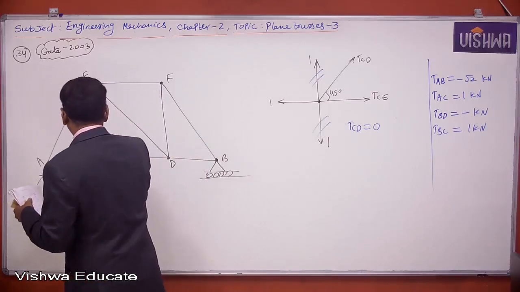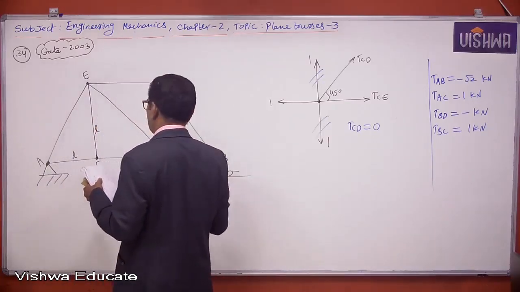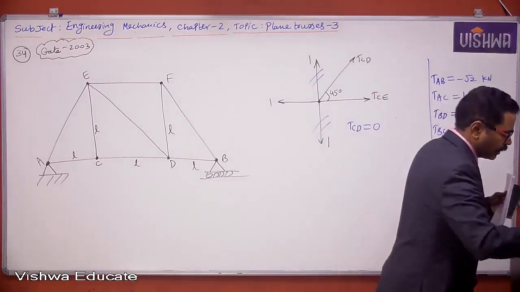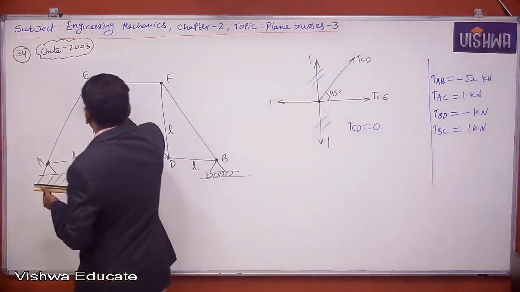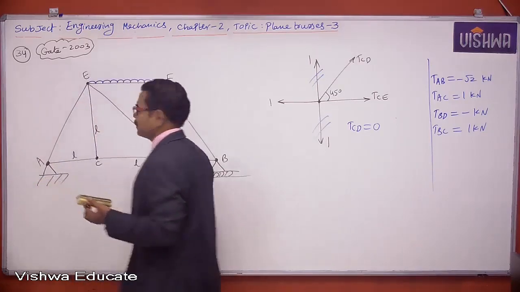This is L, this is also L, this is L, this is also L, this is also L, and a UDL is acting on member EF like this.